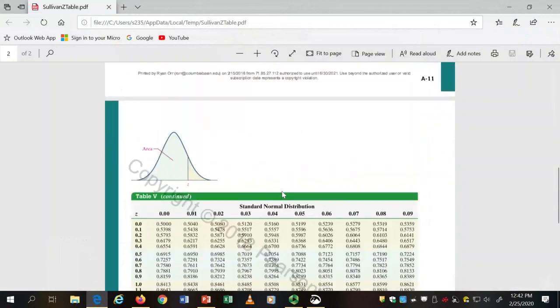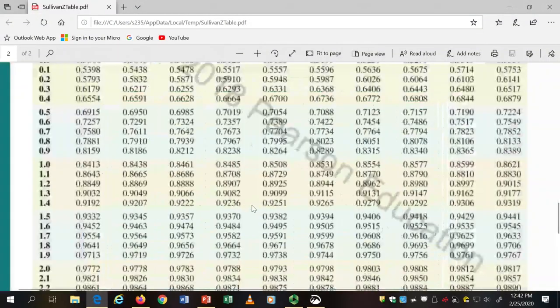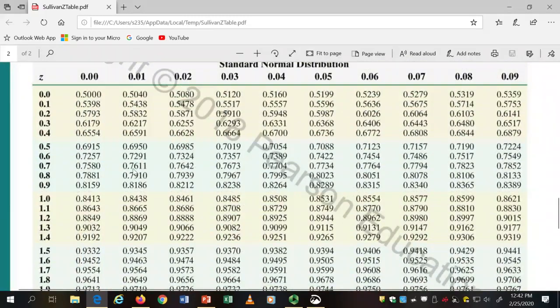So first we'll look up 0.71. So the probability below 0.71 is 0.7611. You find that on your table? 0.7611. Okay, so that's the top probability here.